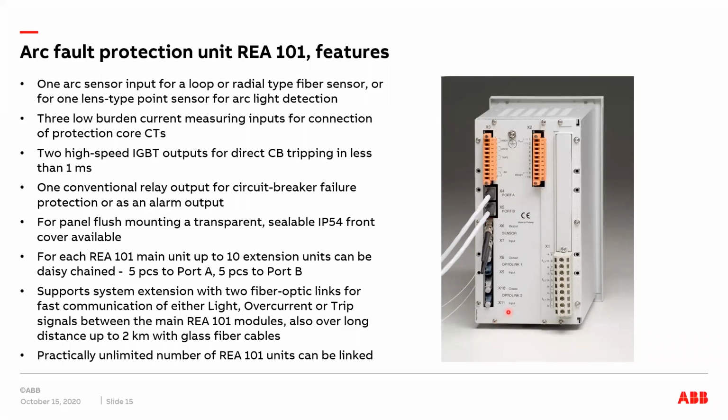Additionally, we have an optolinks facility, and via these optolinks we can extend the system by adding more REA 101s to communicate with each other, and via those optic links, fiber optic cabling, we can communicate either light, overcurrent, or trip signals.